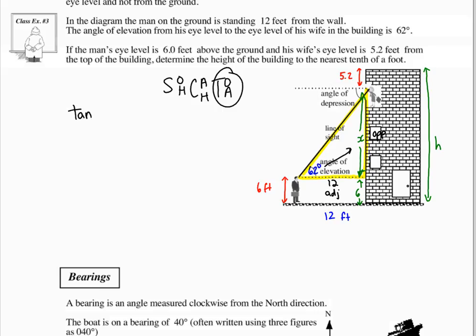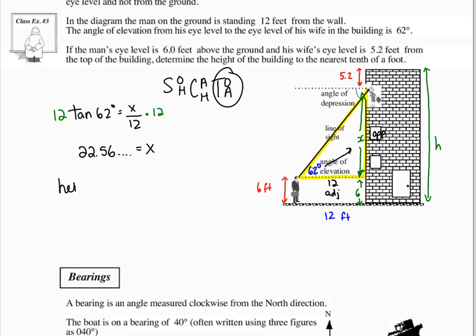Tan of 62 equals x over 12. All of these are multiplication ones, there's no division ones, right? You got 22.56? Perfect.